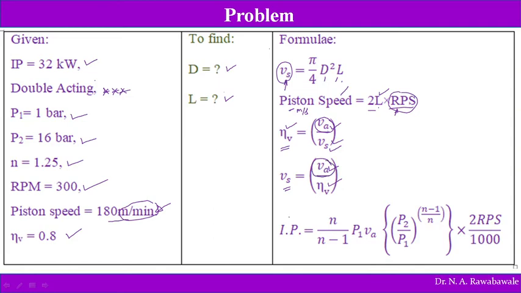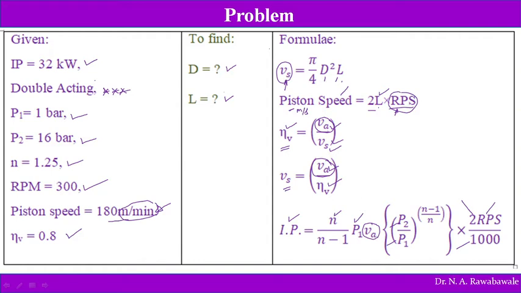Indicated power is known, and the formula to find indicated power for a double acting air compressor is known. N is given in this problem. P1, the pressure at inlet, is known, VA is unknown which we can find. P2 is known, P1 is known, revolutions per second is known, and 1000 is a constant. So very first, using this equation of indicated power we can find VA.